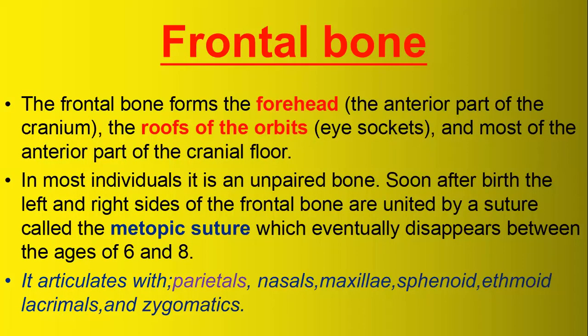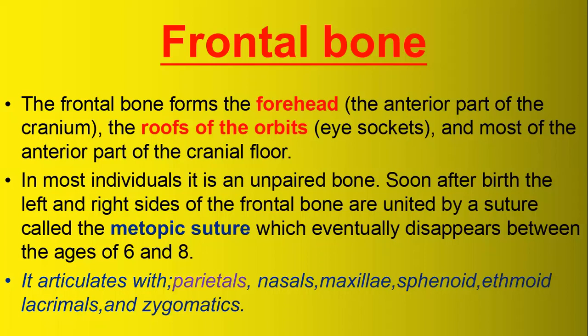The frontal bone forms the forehead, which is the anterior part of the cranium, the roofs of the orbit, which are the eye sockets, and most of the anterior part of the cranial floor. So that's where you can find the frontal bone. In most individuals, it is an unpaired bone.